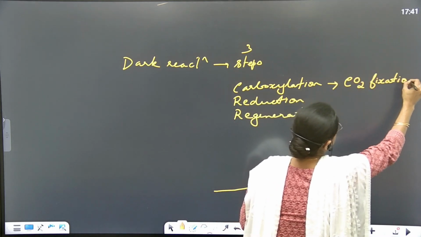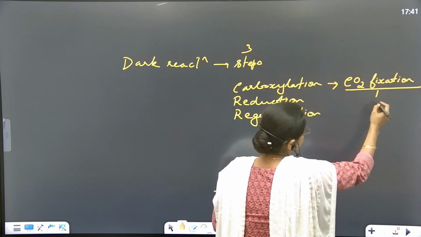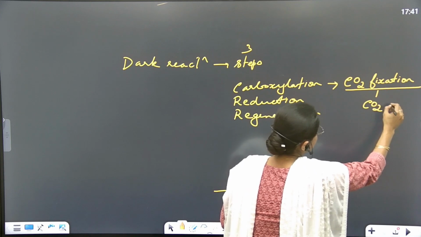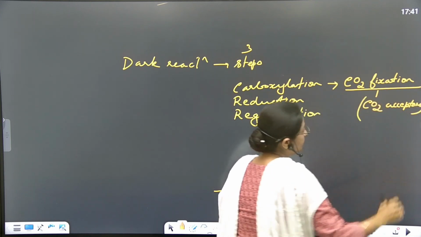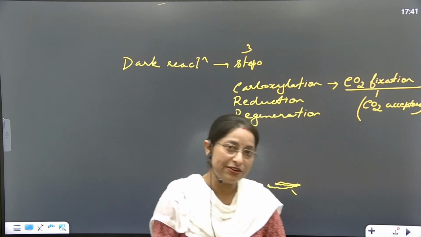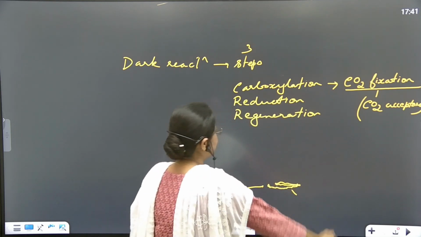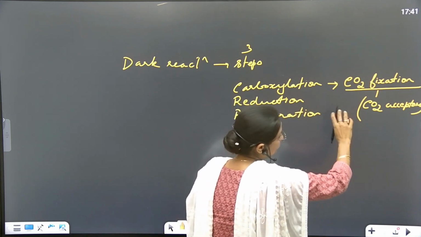And who takes in carbon dioxide are obviously the carbon dioxide acceptors. Later we will study that we have 2 different types of carbon dioxide acceptor. We'll discuss that later. So once the process has started, once the plants take in carbon dioxide, the first step would occur.